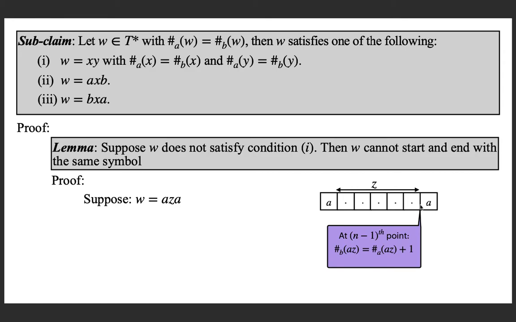So in this part the number of A's must be 1 less. So this is exactly what we can see: the number of B's is 1 more than the number of A's. That is why, when we count that last A also, the number of A's and B's become the same. So you can rewrite it as the number of B's is more than the number of A's.